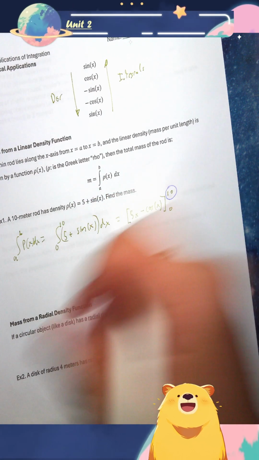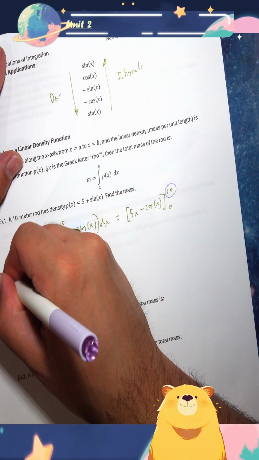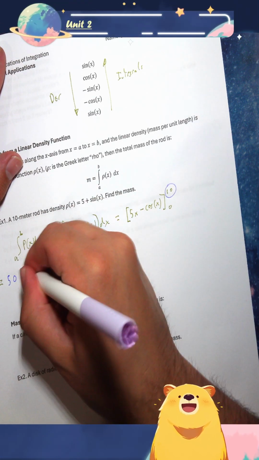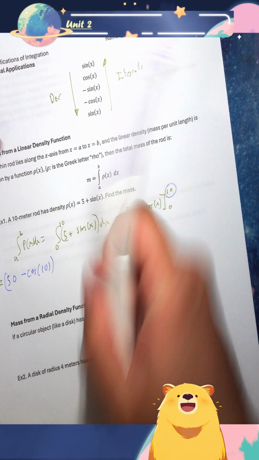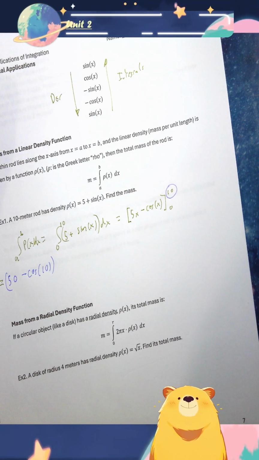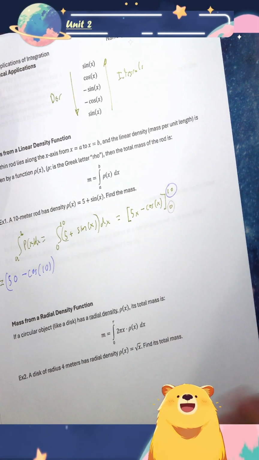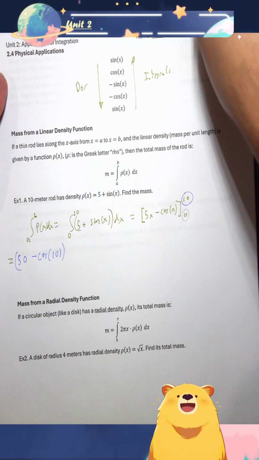We're going to fill this out when it's 10. So we have 5 times 10, which is 50. And then x is 10, so negative cosine of 10. Put that in a set of parentheses. And then for the other one, let's see if this color works well.